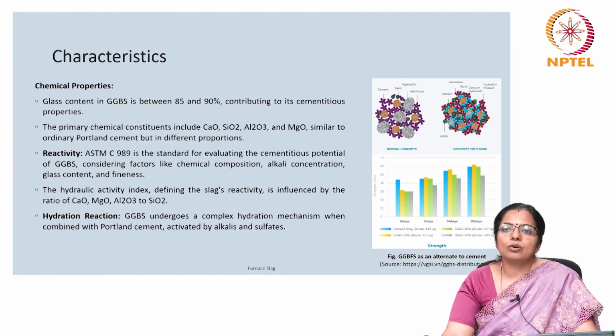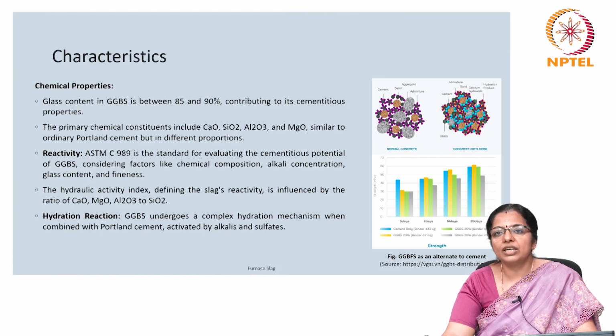This slag undergoes a complex hydration mechanism when combined with Portland cement activated by alkalis and sulfates. So, understanding these chemical properties, reactivity factors and the hydration reaction is very important and pivotal for leveraging the advantageous characteristics of ground granulated blast furnace slag.